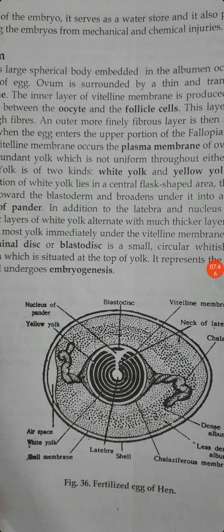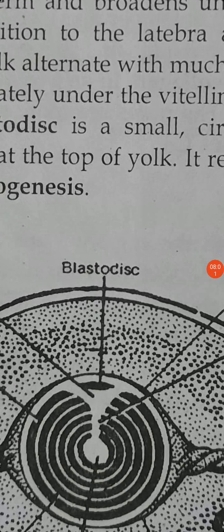Now, the outermost yolk immediately under the vitelline membrane is always white. Now, the germinal disc or blastodisc, see here, is a small circular whitish area of active cytoplasm, which is situated at the top of the yolk.